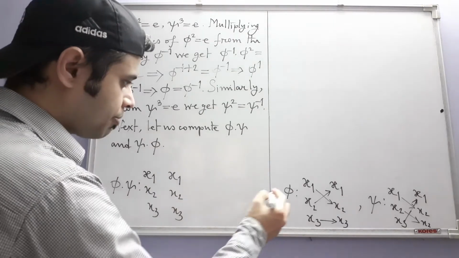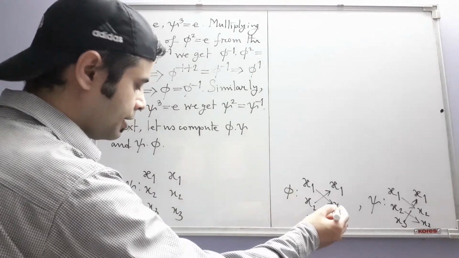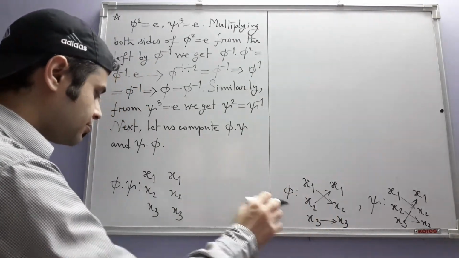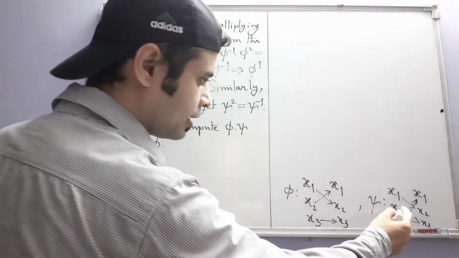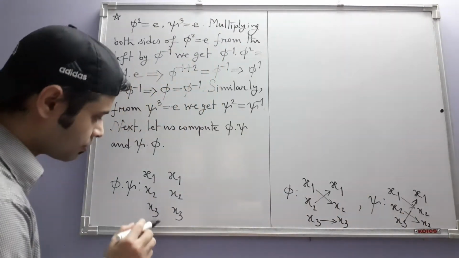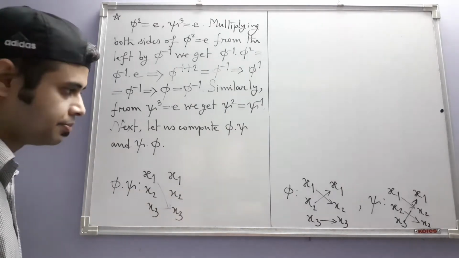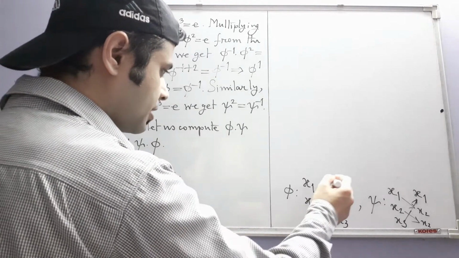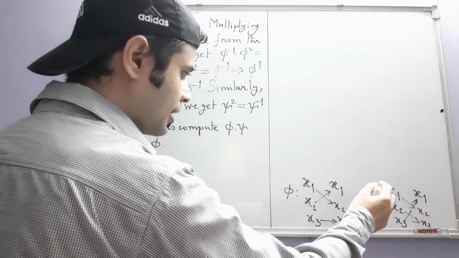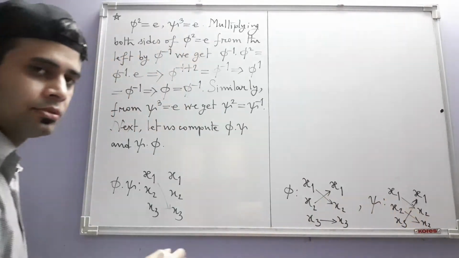So when I apply phi to x1, I get x2. On that x2, if I apply psi, then I will get x3. So phi dot psi maps x1 into x3. Phi maps x2 onto x1 and psi maps x1 back to x2.